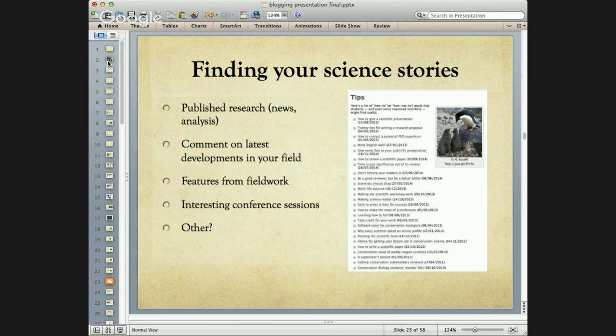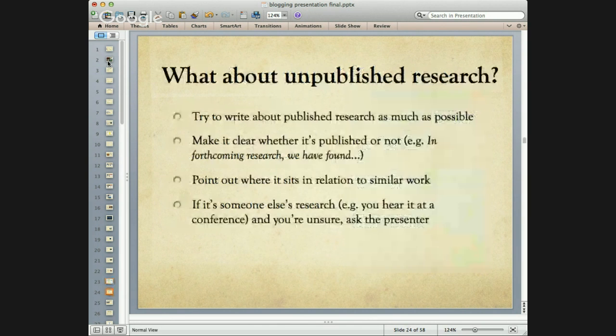So monitoring the conversations happening online in the space that you're working can be a really great way to find good stories. So the question then comes to, what about unpublished research?